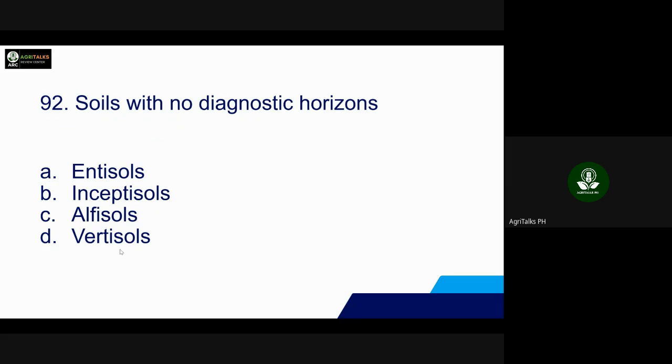The correct answer is entisols, from the word recent, meaning very young. Therefore, you won't see any diagnostic horizon yet, since the soil layers are still uniform, including the color of the soil. Inceptisols already have diagnostic horizons. Alfisols and vertisols have them too.